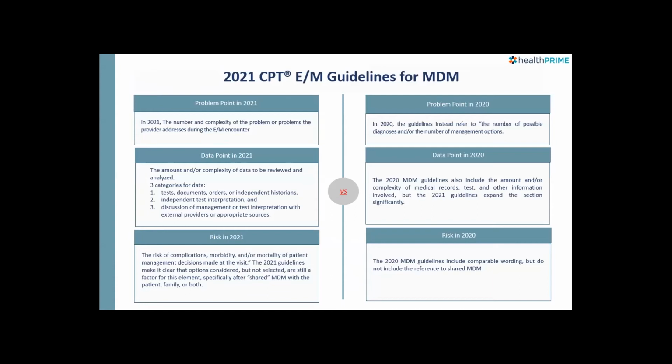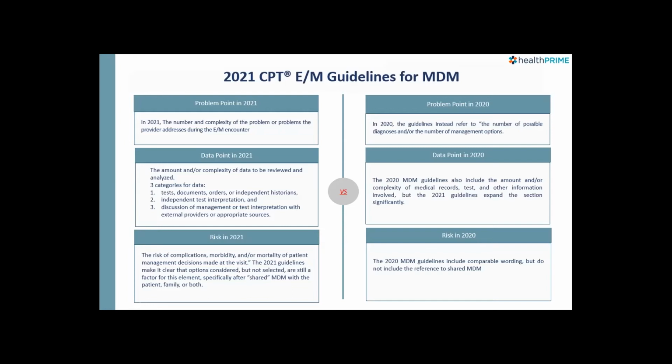Problem points for 2021 state the number and complexity of the problems the provider addresses during the E&M encounter. Whereas in 2020, the guidelines instead refer to the number of possible diagnoses and or the number of management options.